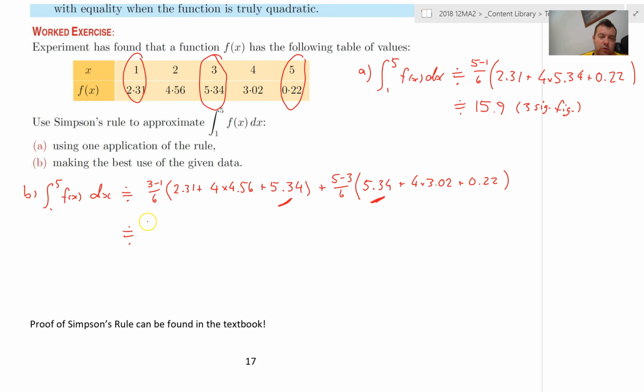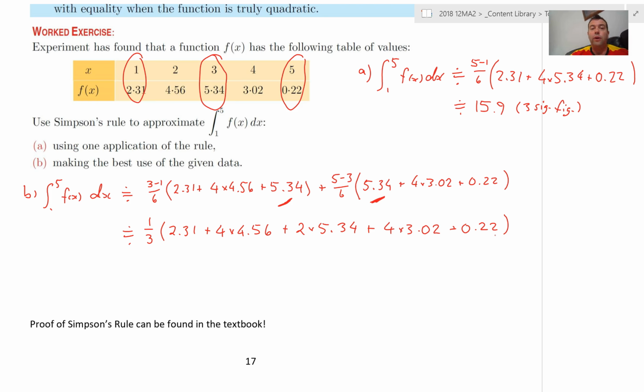It's approximately equal to 1/3 of the first one, 2.31, plus 4 times the next one, plus 2 times the next one after that, plus 4 times the one after that, plus the last one. It is quite an expression.